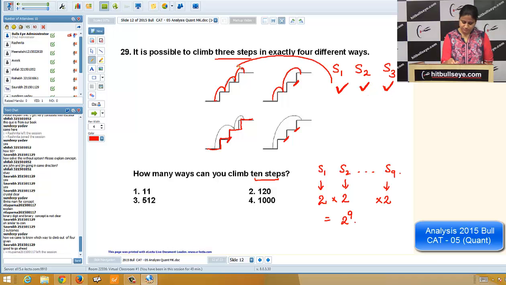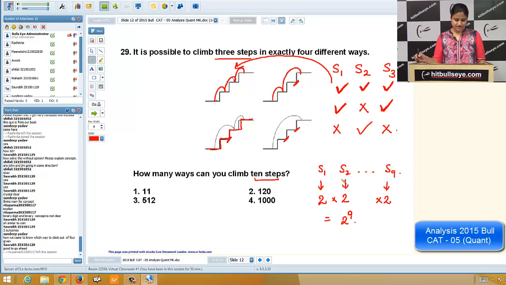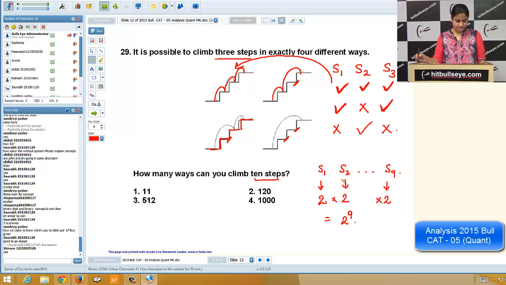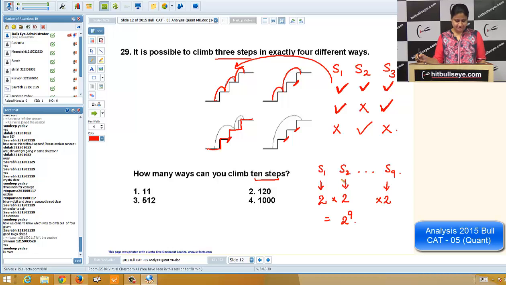That corresponds to this case. You are using the first step, you cannot use the second step, say you are taking this step, you can use this. If we take these many cases, we'll get the answer. Is it okay, guys? Sandeep, you can check your answer by taking the given case only. Clear?